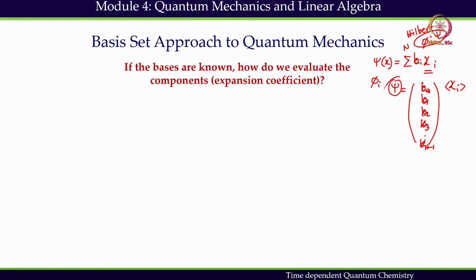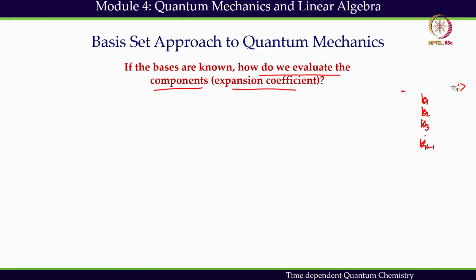However, the wave function remains the same. So, with respect to what basis we represent the wave function really does not matter. All we need to think about is what kind of coefficients I get, and the question is how do we evaluate the expansion coefficients if the basis is known. That is the point we are going to address here.